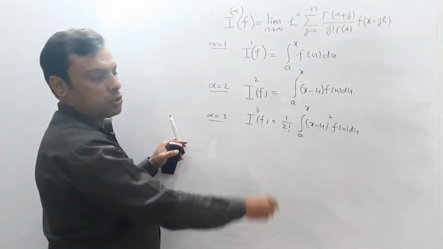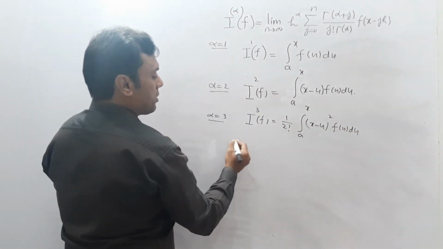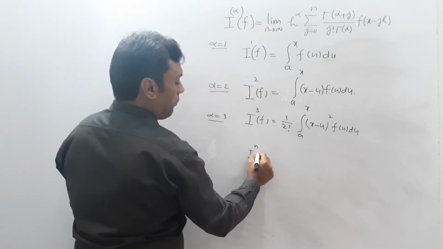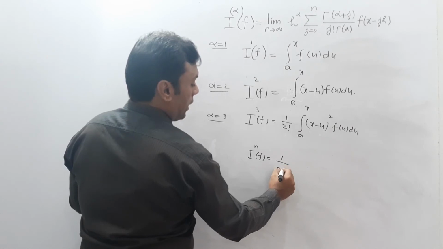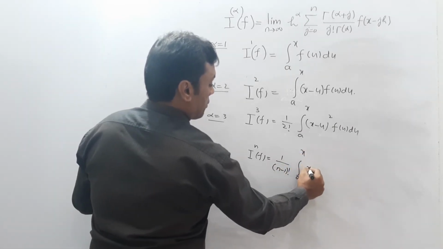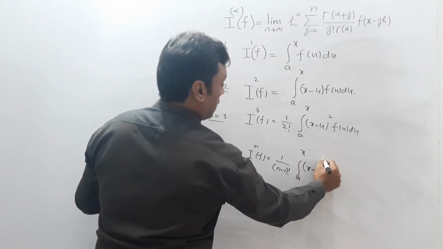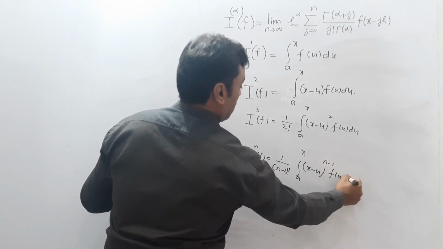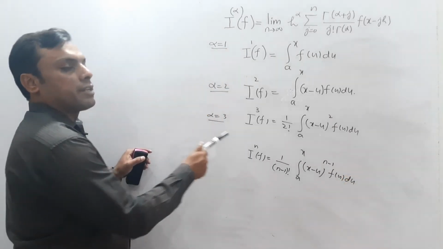So it is a pattern, and we can continue to the nth form. When alpha is n, this becomes I n of f equal to 1 over n minus 1 factorial, integral from a to x of x minus u to the power n minus 1 f of u du, where n is an integer.